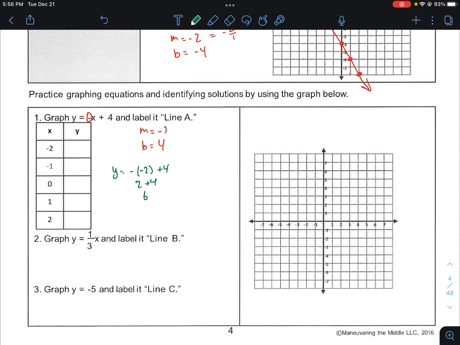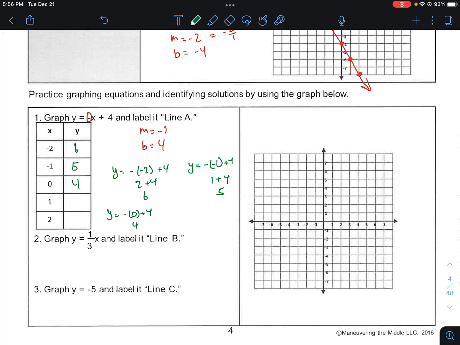When x is negative 1, negative of negative 1 is 1, plus 4, which is 5. And when x is 0, that's negative 0 plus 4, which is just 4. And then you could even see the pattern here, from 6 to 5 to 4. This goes up by 1, and this is going down by 1.